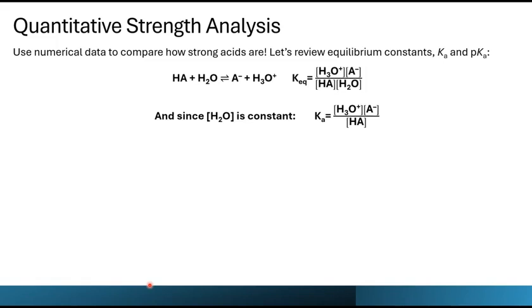Since the concentration of water is pretty constant, we can multiply both sides by the concentration of water and get Ka, then, of hydronium times the anion all over HA.